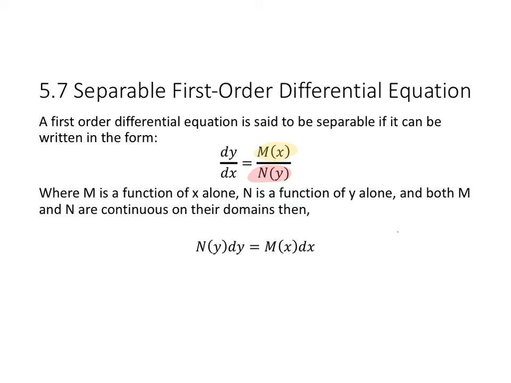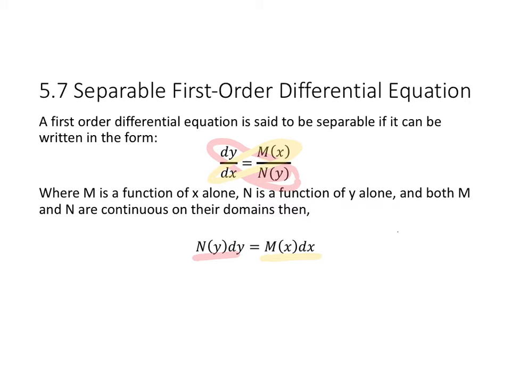So our first step is going to be to cross multiply. So we multiply ny times dy, so we get ny dy, and then we multiply mx times dx, and we get mx dx. And what that means is now I have everything with the same variable on one side. So all my x's are on the right, and all my y's are on the left.